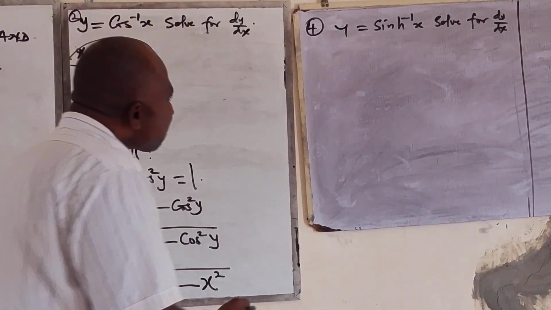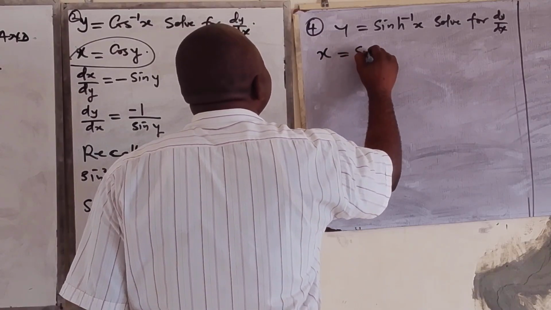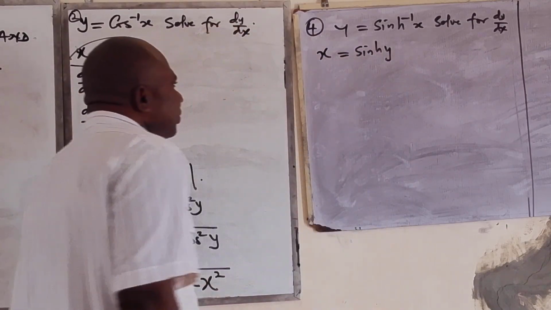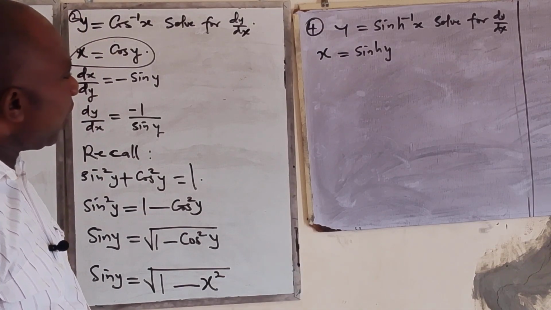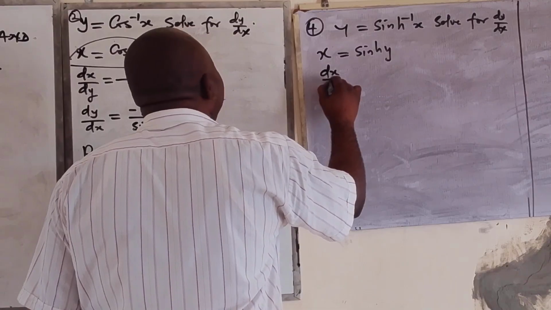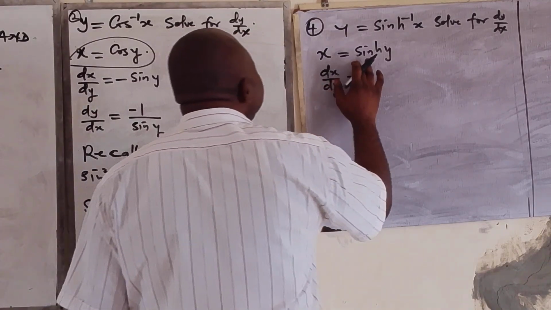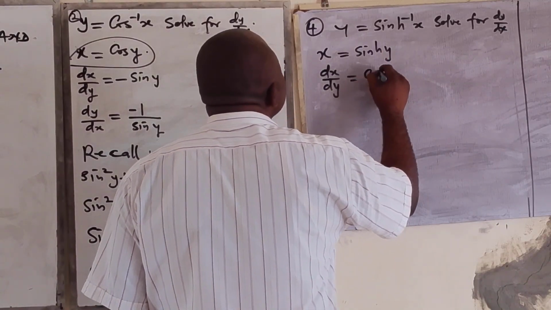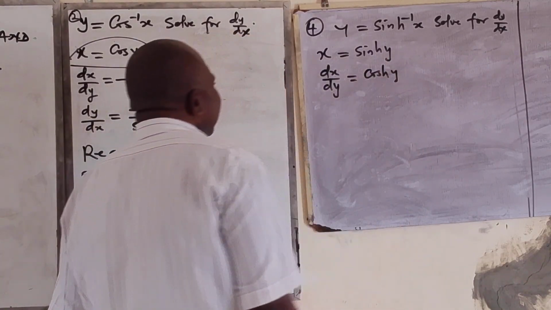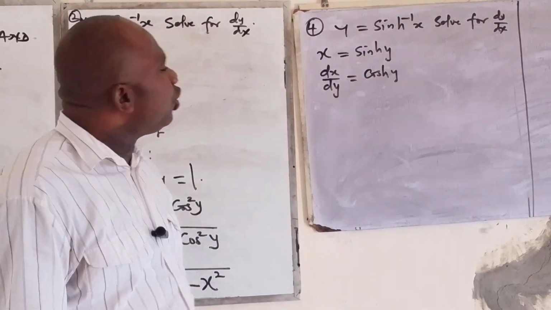Now in this case, if y is equal to this, it means x will be equal to sinh y. Now let's see the value of dx/dy. When you differentiate sinh y, it gives cosh y.